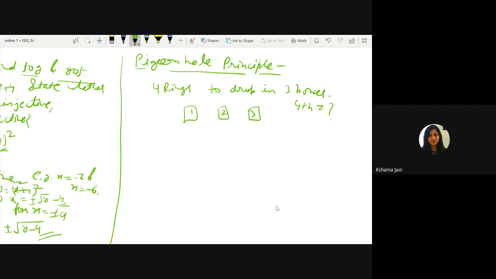The fourth will again go into any of the boxes. It will be completely your choice. So it says if we want to fit more objects in less space, then definitely at least one space will have more than one object.